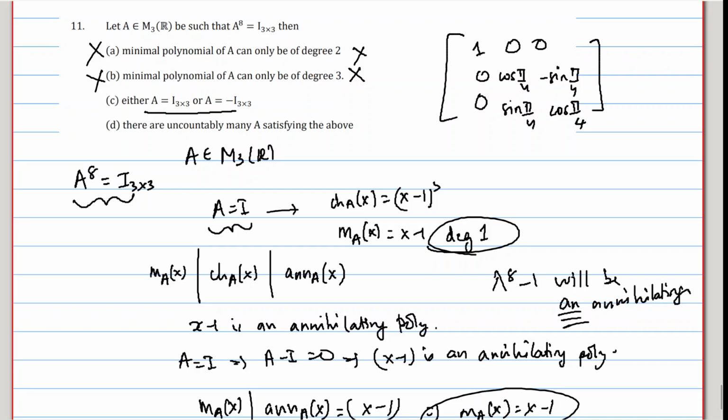Observe that this matrix to the power 8 will be I, right? But this is not identity or minus identity, so C is also false.